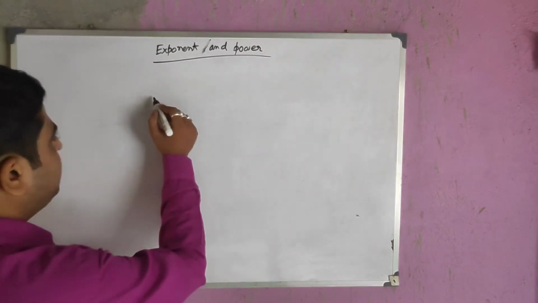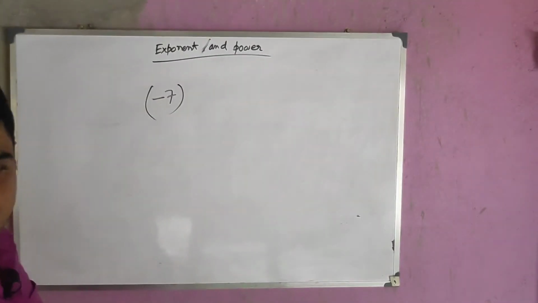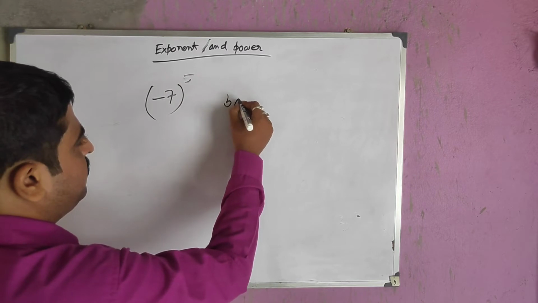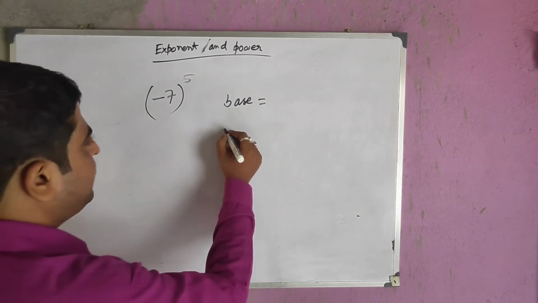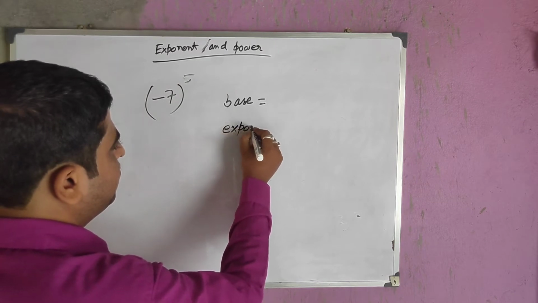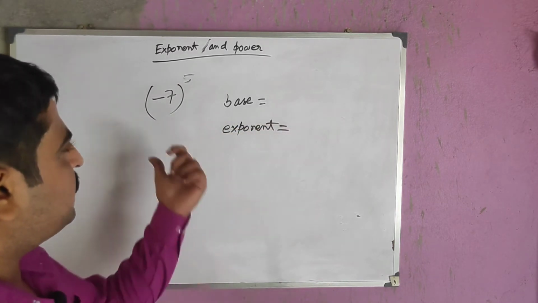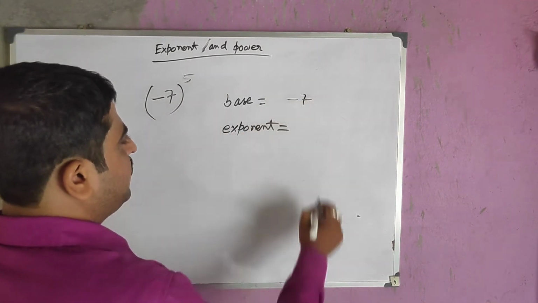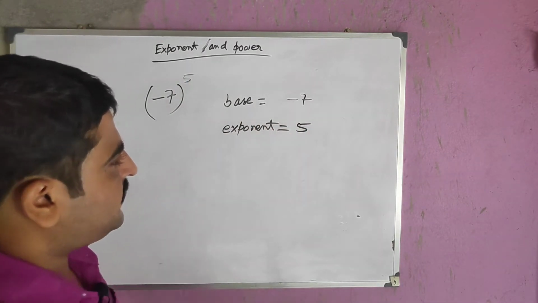In the expression minus 7 to the power 5, what will be the base and what will be the exponent? So what will be the base? Now base is minus 7 and what will be the exponent? Exponent or power, that is 5.